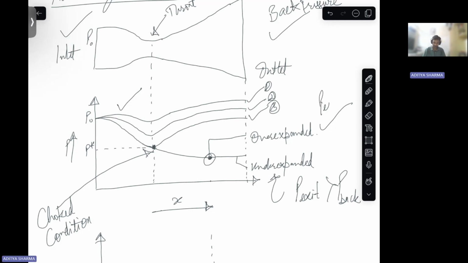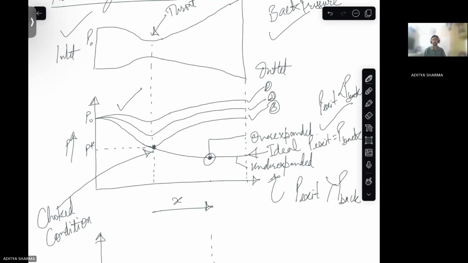Here P exit is less than P back. This flow has over expanded. And one is this ideal case where your exit pressure equals the back pressure.